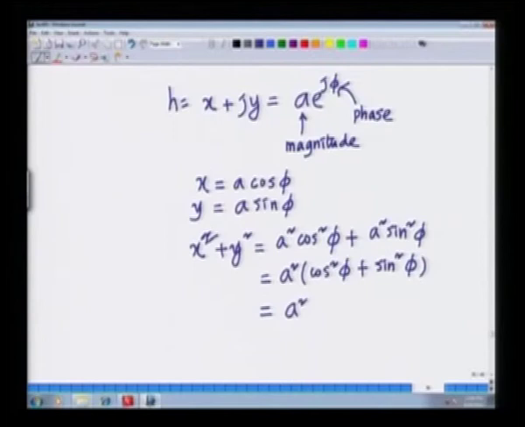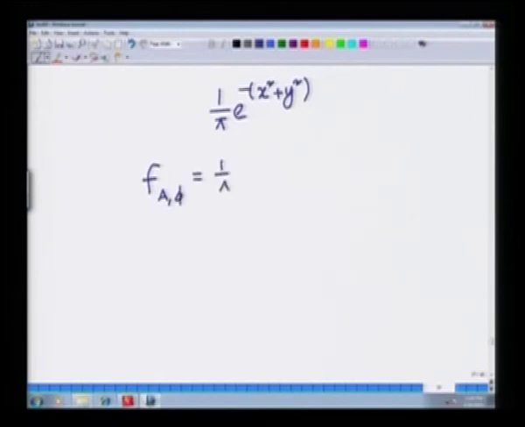Hence, remember the joint distribution in terms of x and y is given as 1 over pi e power minus x square plus y square. Hence, the joint distribution in terms of a comma phi is 1 over pi e power minus x square plus y square.